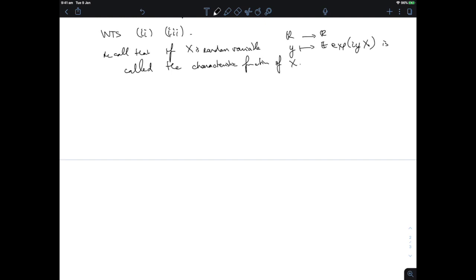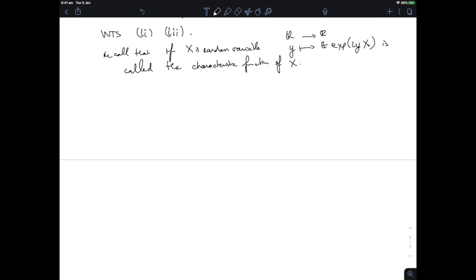And it characterizes x. So if x has the same characteristic function as a Gaussian variable, then x has to be a Gaussian variable. Now, for those of you who've done some Fourier analysis, of course, this is just a special case of the fact that you can invert the Fourier transform.